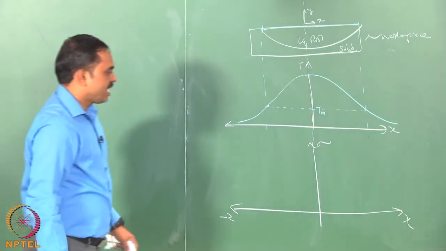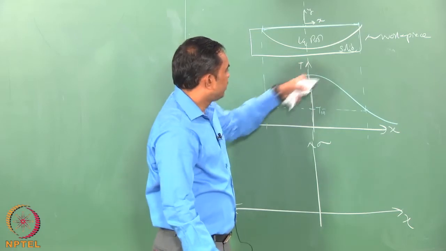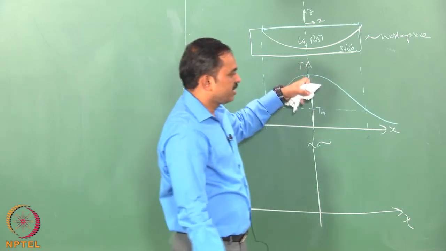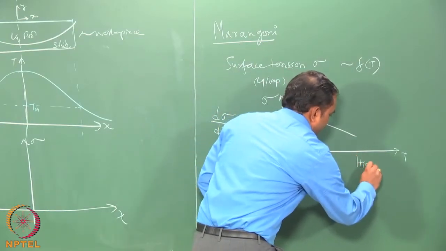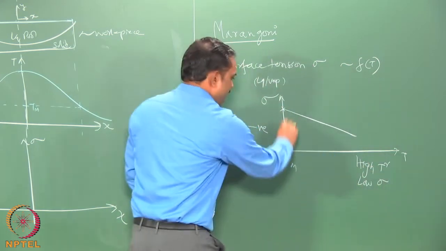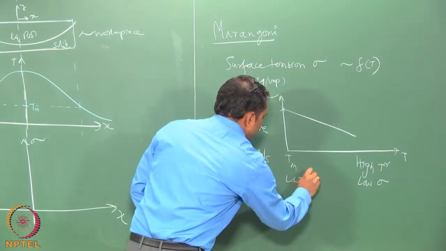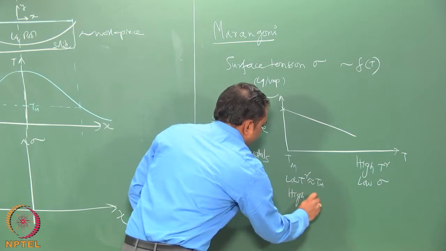You can see that as a function of distance, at the highest temperature, that is at high temperatures, you would have low sigma, and at low temperatures close to melting point we have high sigma.